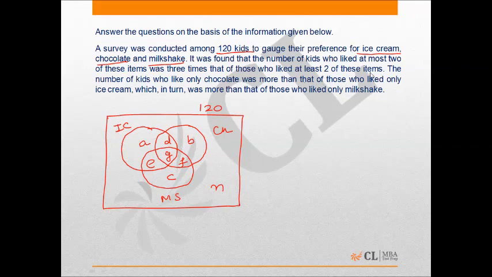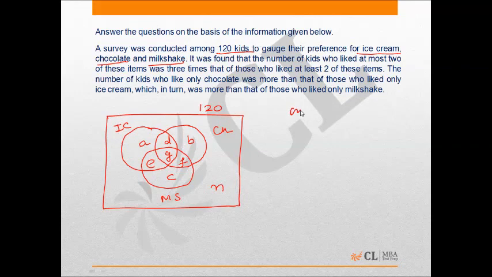So I have given two conditions. One is the number of kids who liked at most 2 is 3 times the number of kids who like at least 2, right? And the second is the number of kids who like only chocolate was more than only ice cream, which in turn was more than only milkshake.